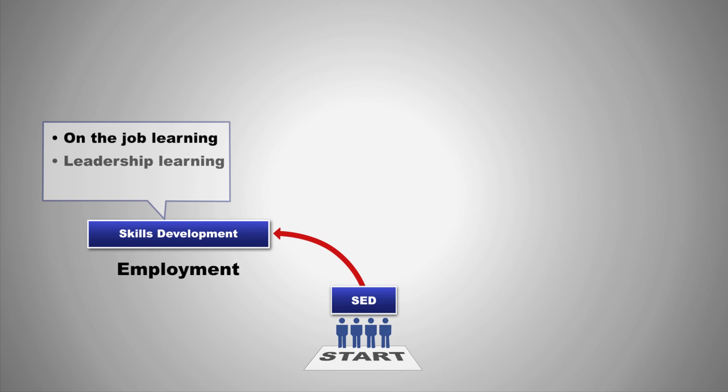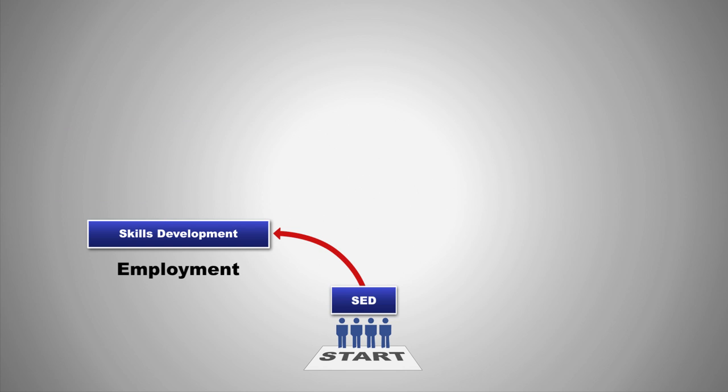It's leadership learning, where the manager sits down with the junior and teaches them how to do a job better. And then it's formal learning as well. That's your certified courses, which are run by certified training companies. So skills development becomes the second level of skills that is needed for an individual to sustainably access the economy.